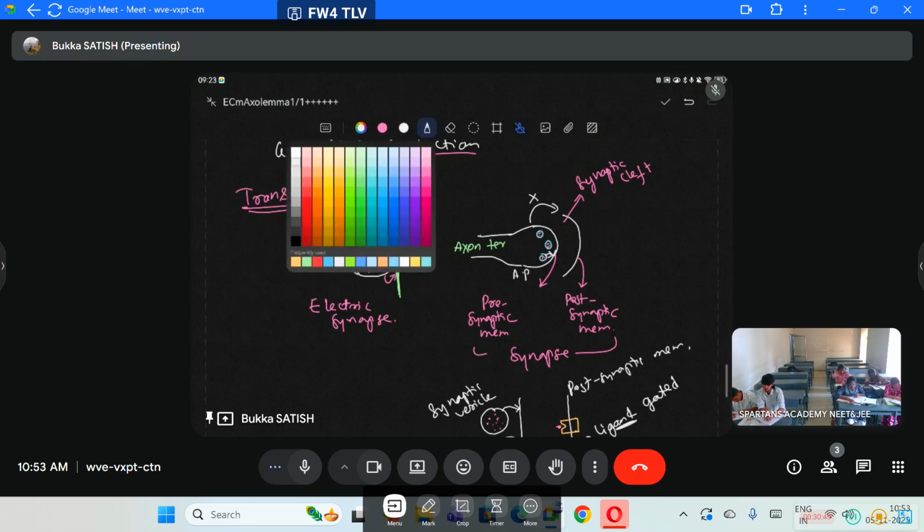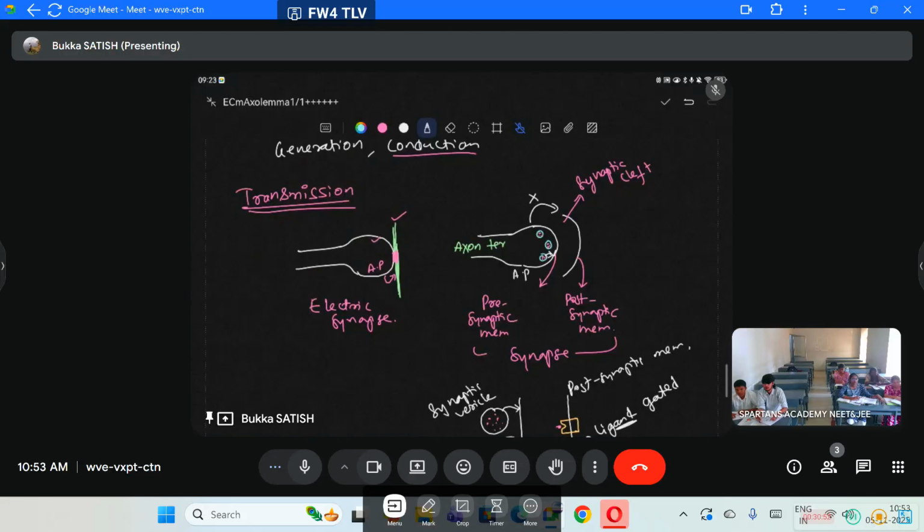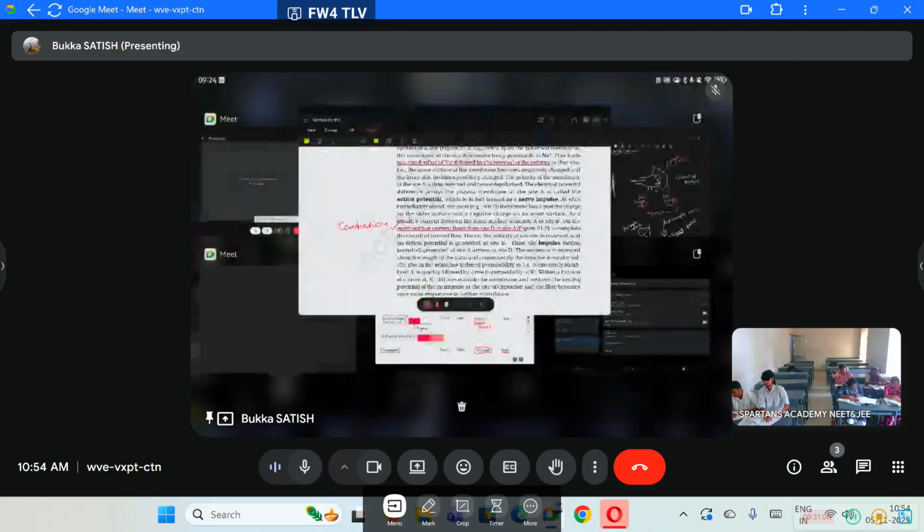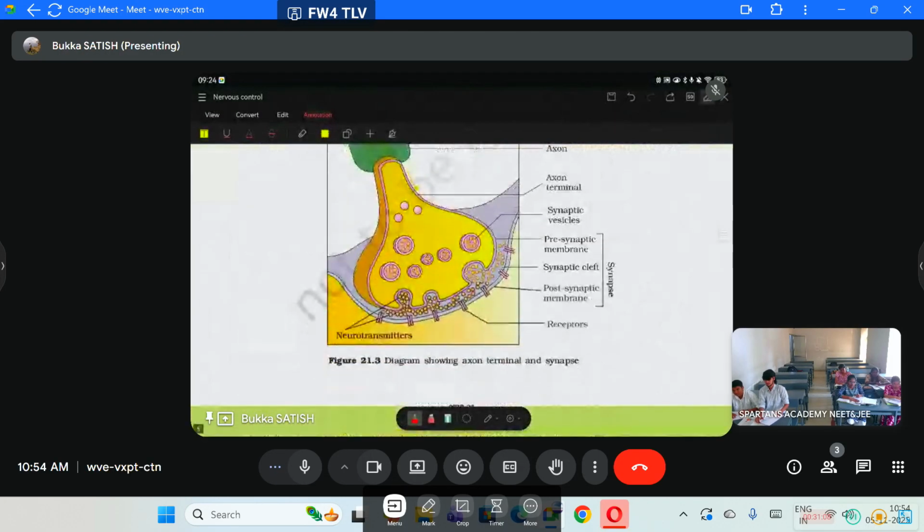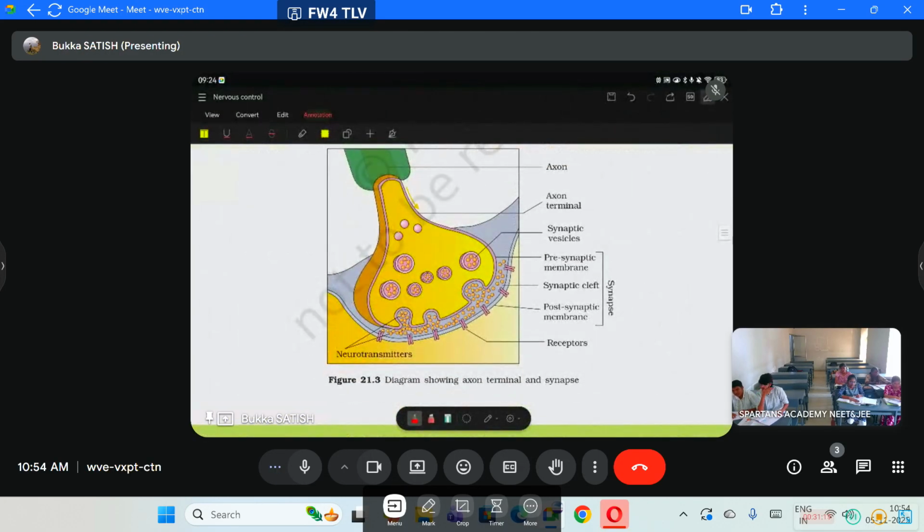What do you call this synapse, by the way? That's it. Chemical synapse. You can draw it from the textbook better so that it will be practice. Here, what you see is the presynaptic membrane, the postsynaptic membrane. In between, whatever cleft is there is the synaptic cleft. So this is completely what we call synapse.